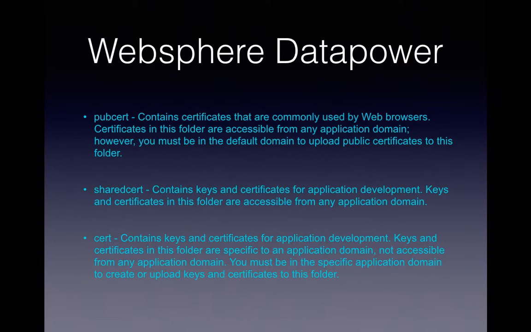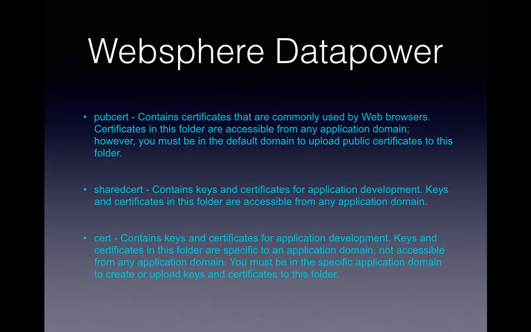Okay, we will go to the next one, shared certificates. In a typical DataPower development, you will at some time encounter making a web service which uses HTTPS or an FTP flow, which needs certificates or keys to be configured.